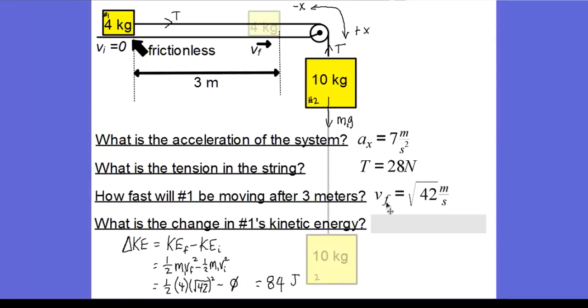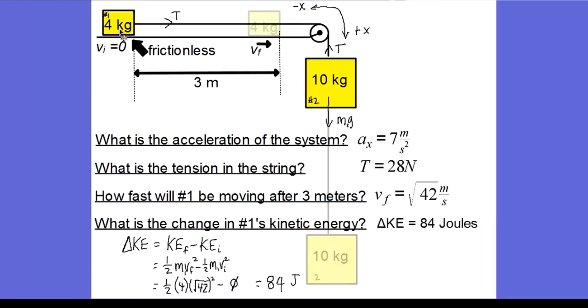And at this location, it is now moving at the square root of 42 meters per second. So I plug that in for velocity. The mass is 4. I work out the math, and I see that it is 84 joules difference in kinetic energy. The block has gained 84 joules of kinetic energy.